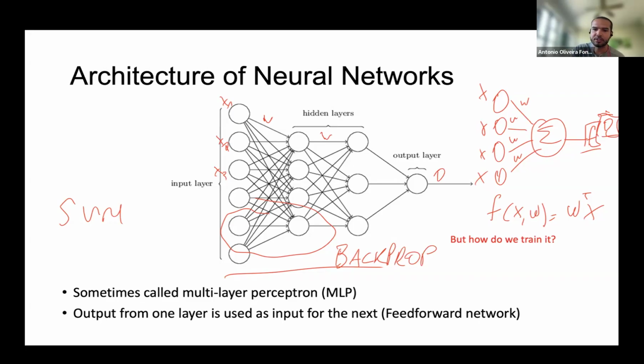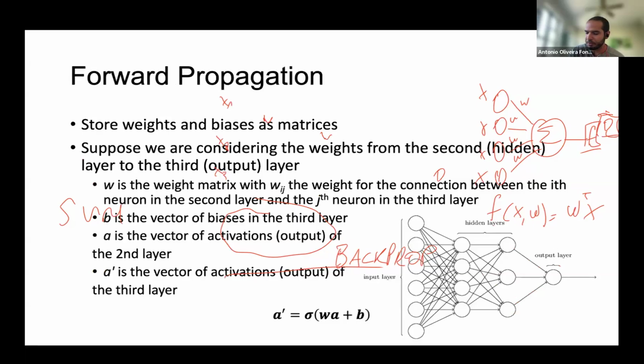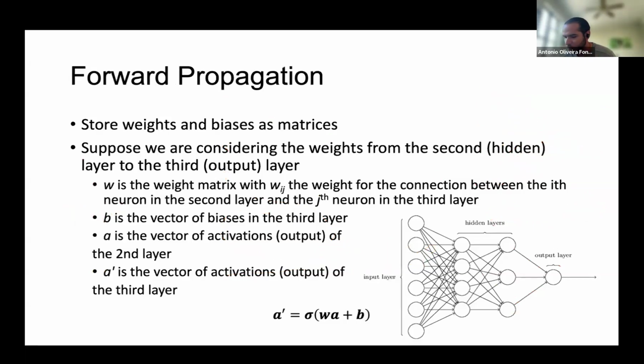And that's what we're going to start looking at right now. Okay, before we do that, it's important for us to rename things. Before, what we had was this f of x, as I have written in the previous slide. That used to be what we were calling our model.